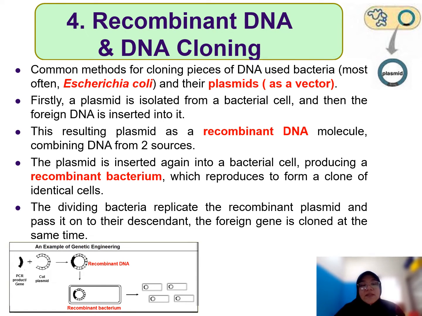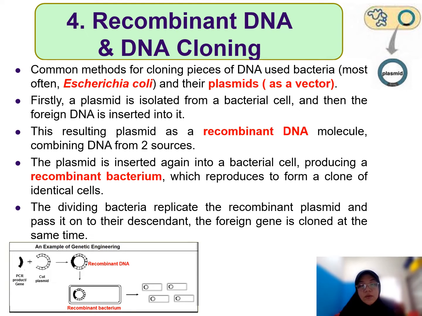A common method to clone species of DNA is using bacteria. The common bacterium applied is E. coli, and inside E. coli there is a plasmid that will become the vector. The vector is the site where the gene of interest will be combined, and after the combination, the recombinant DNA will be inserted inside the host.